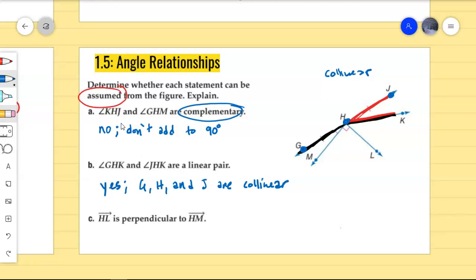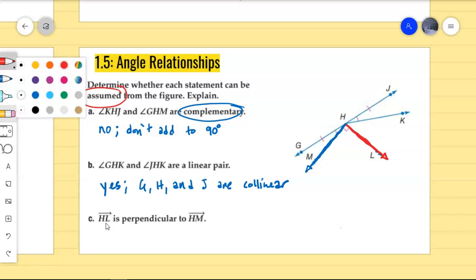All right, letter C. Letter C says that you've got HL, ray, right? So let's highlight ray HL. Here is HL, that's that ray right there. Ray HL is perpendicular to ray HM. All right, where's ray HM? It's right over here. Can you assume that the two are perpendicular?